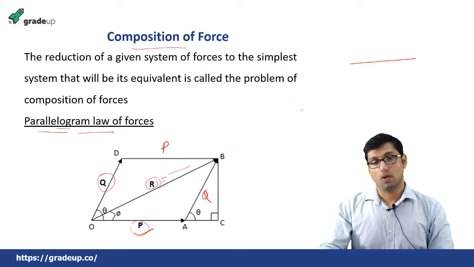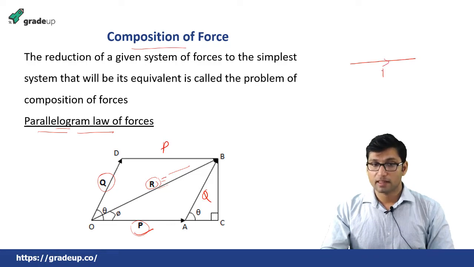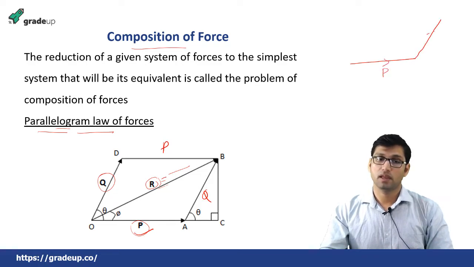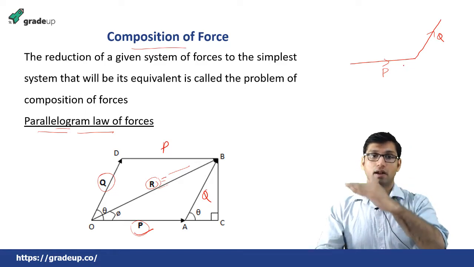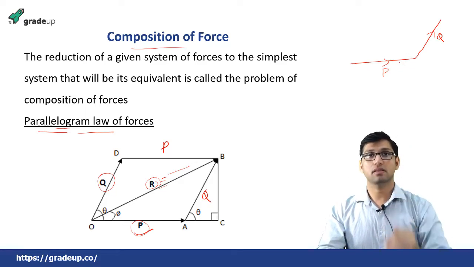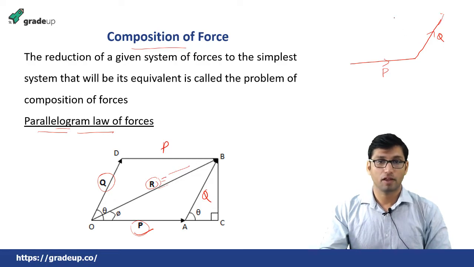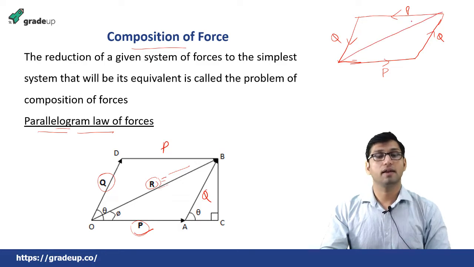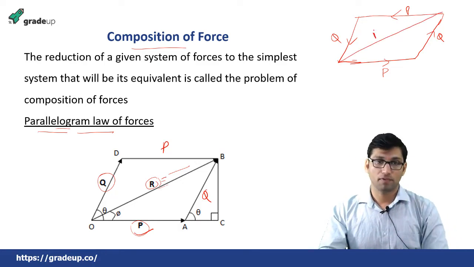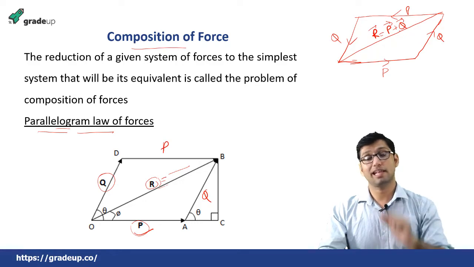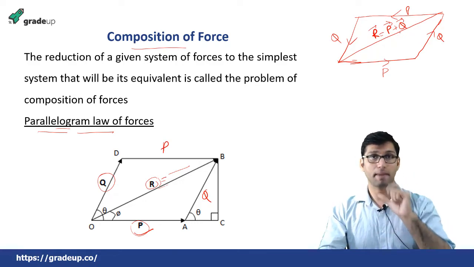If these forces are taken in the same order, suppose this is P and this is Q, if the forces are represented by two adjacent sides of the parallelogram, and I complete this parallelogram, this will be P and this will be Q. Now the diagonal of this parallelogram will give you the resultant force, and this force will be the sum of P and Q, the individual forces taken in the same order at the adjacent sides of the parallelogram.